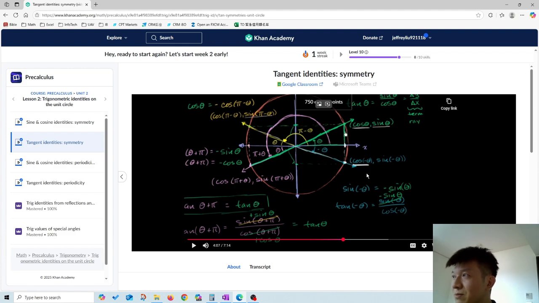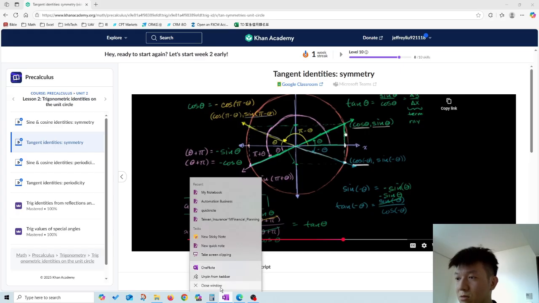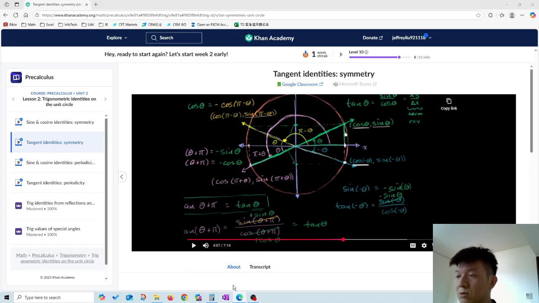So in order for them to be the same, you're going to add a negative sign in front of the tangent, so that the values of both sides will be the same.